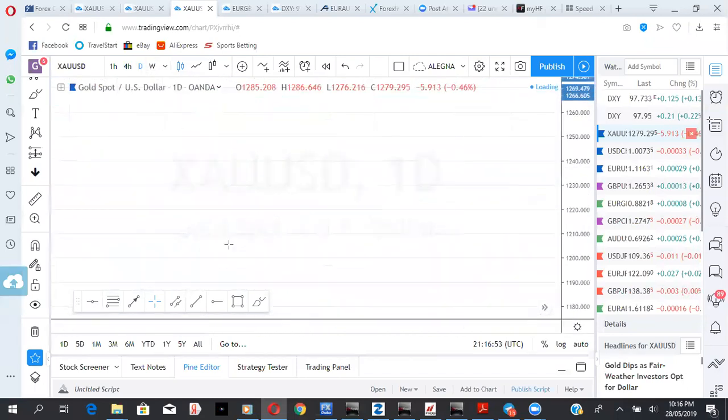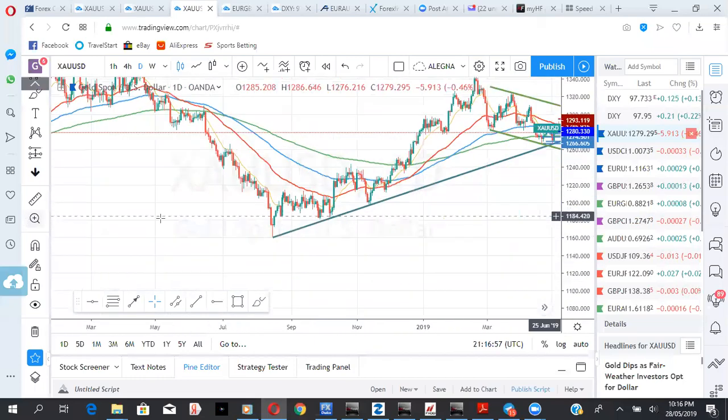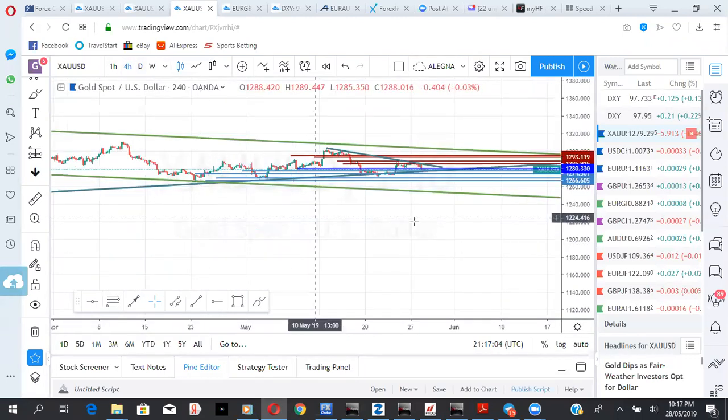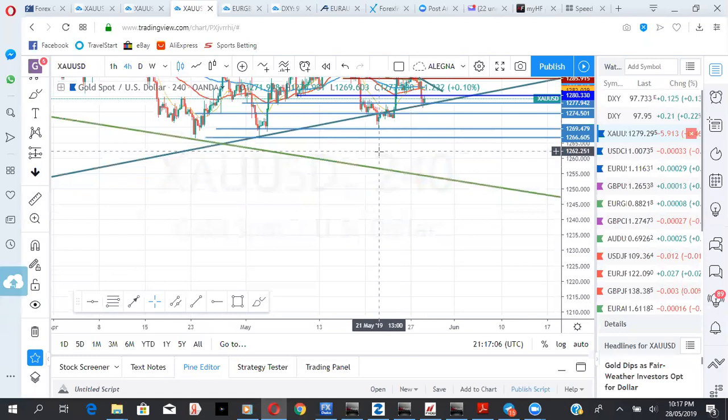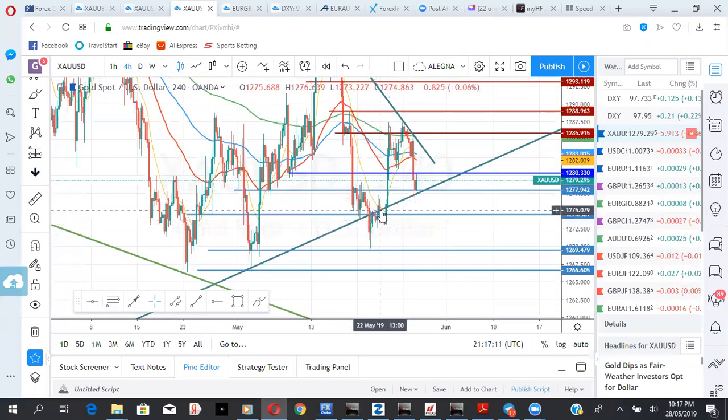Let me go back to the daily. As you can see, this trend line is running all the way from down here. And if we go down to the 4-hour, this is a false break.